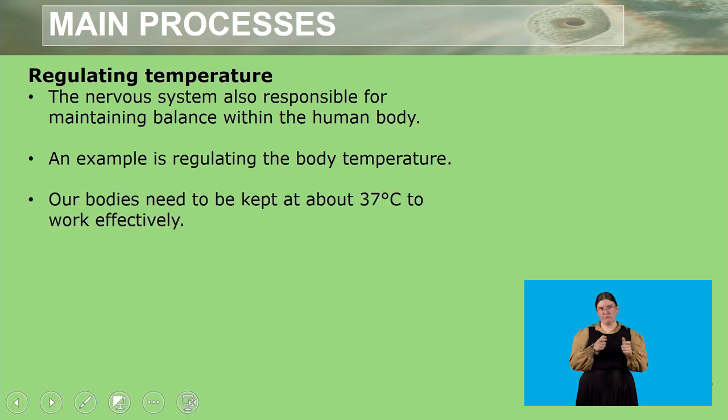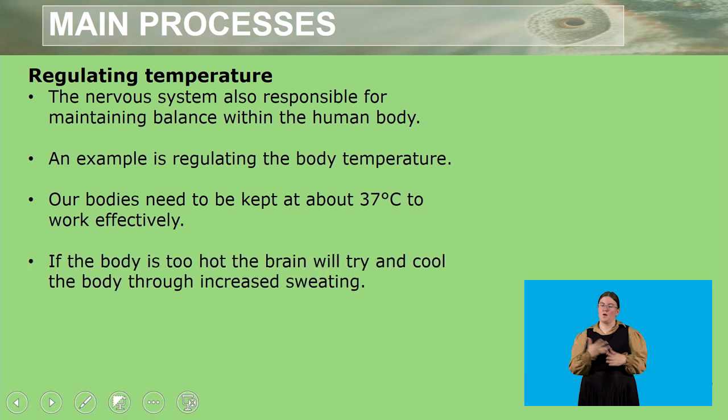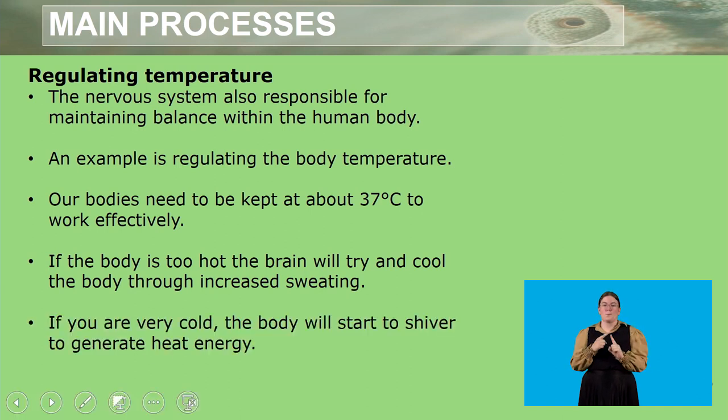Our bodies need to be kept at about 37 degrees Celsius to work effectively. If the body is too hot, the brain will try and cool the body through increased sweating. If you are very cold, the body will start to shiver and generate heat energy.